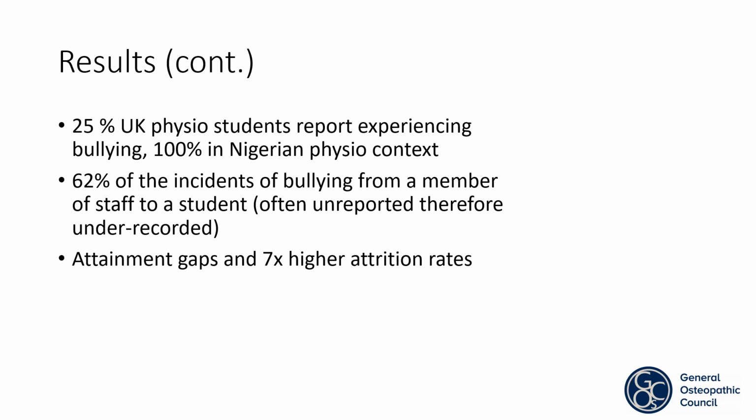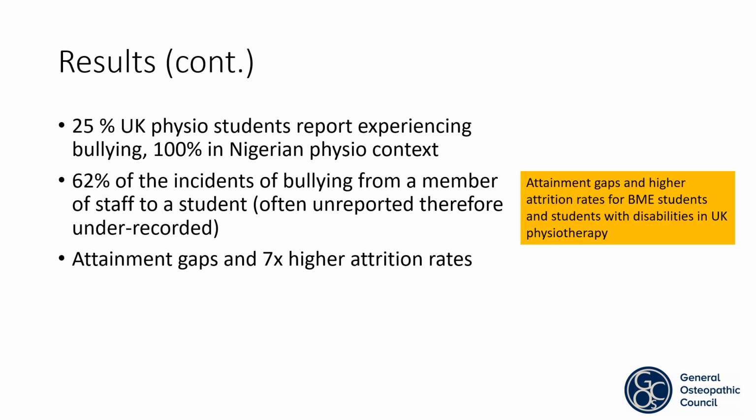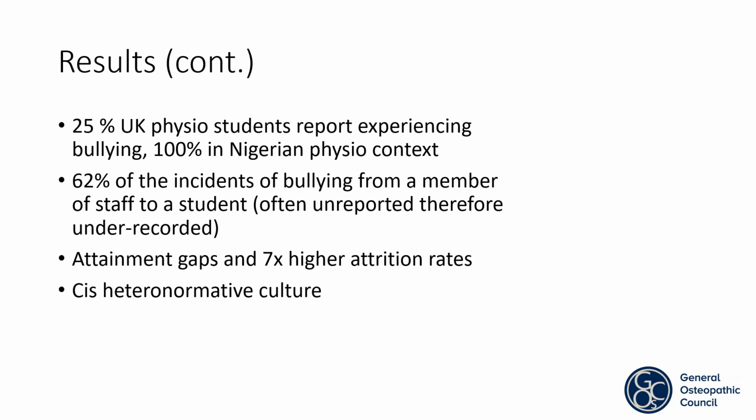There was an attainment gap and higher attrition rates, which were 7 times higher for students who had experienced discrimination. The attainment gaps and higher attrition rates were found for students from Black and minority ethnic groups, and also for students with disabilities in the UK within the physiotherapy profession.